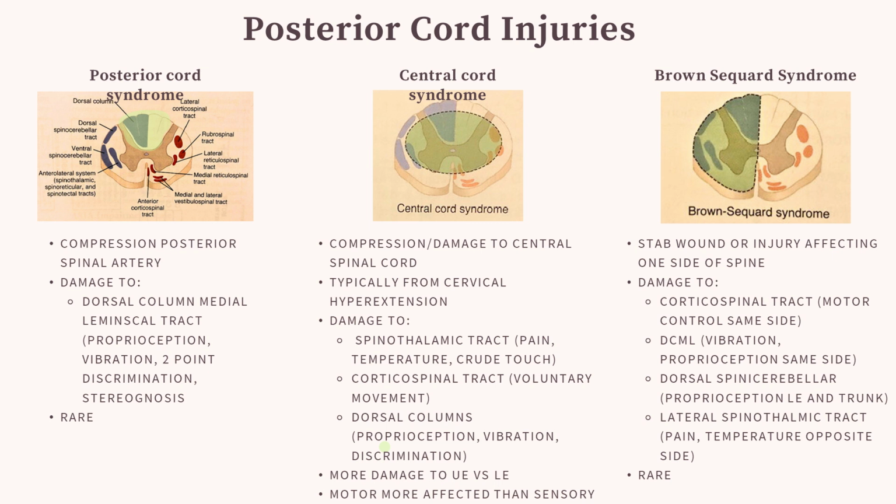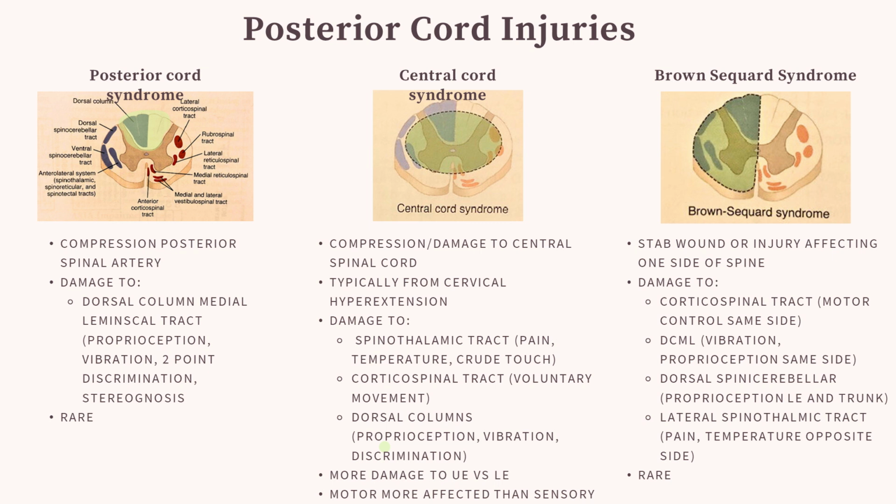So with Brown-Sequard syndrome, we have damage to the corticospinal tract, which is going to be those motor motions. That's all going to be ipsilateral because that pathway starts at our brain. It's a descending pathway. We'll talk about that in a second. We're also going to have damage to the dorsal column medial lemniscus.